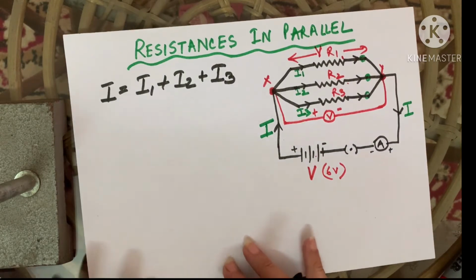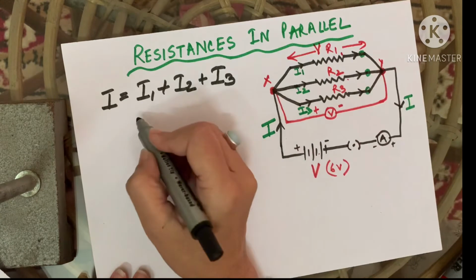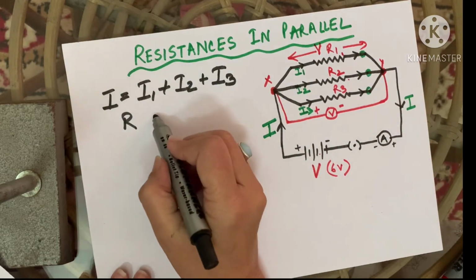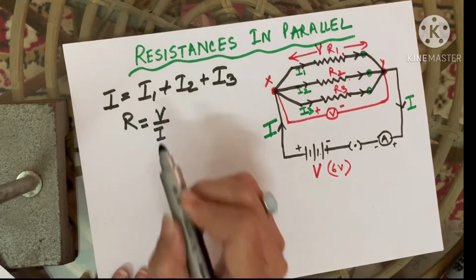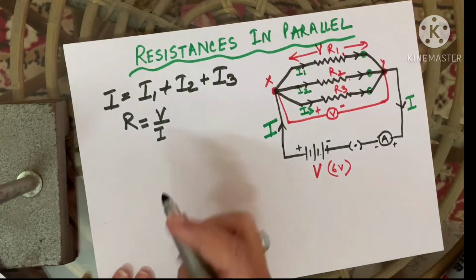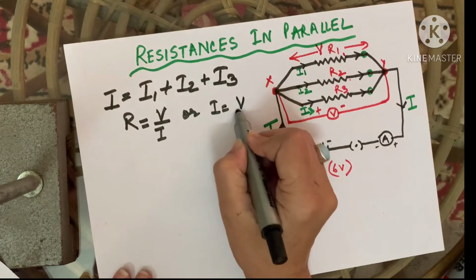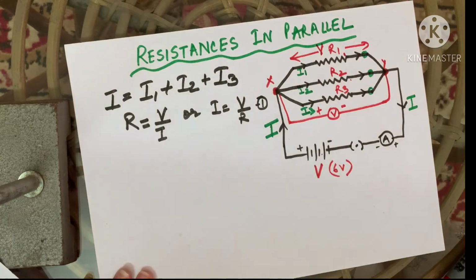Suppose the resultant resistance of this combination is R. Then by Ohm's law, we all know that V upon I is equal to R, or we can also write I is equal to V upon R. Let's say it is the first equation.